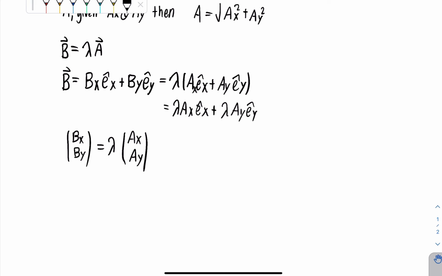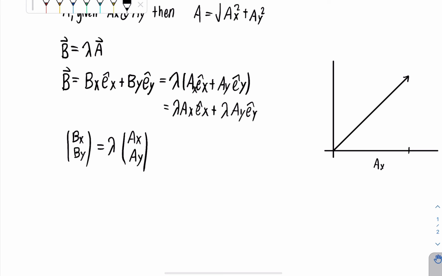Now, something important that we can look at is we can define a vector in terms of its components, but we can also define it in terms of direction and magnitude. So, of course, I have A sub x here, and I have A sub y here, but I also have two other quantities that I know. I could know the magnitude, and I could also know the angle from the x-axis.